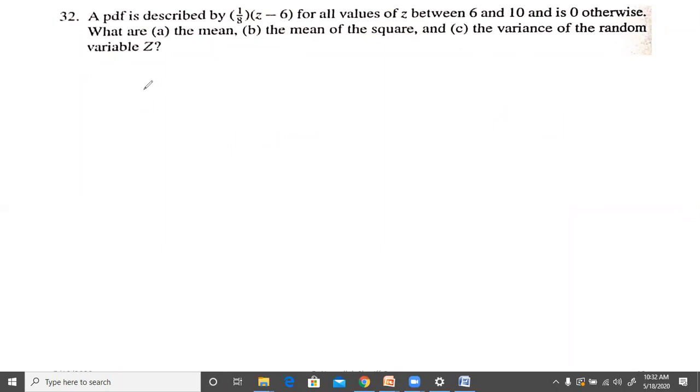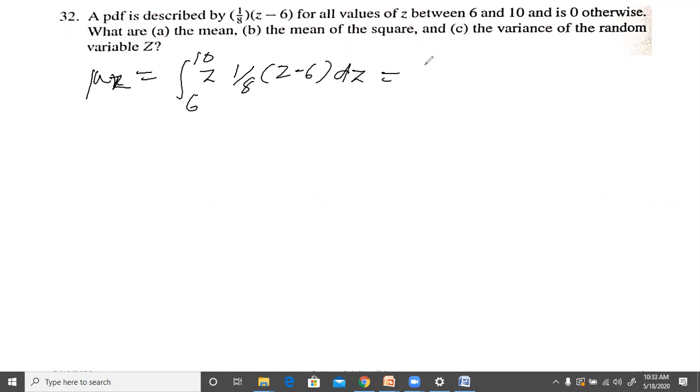So it is E of x, or mu x, or mu z, is it? Mu z is equal to the integral of z times 1 by 8 (z minus 6), range of values 6 to 10, dz. You can find the integration for this.